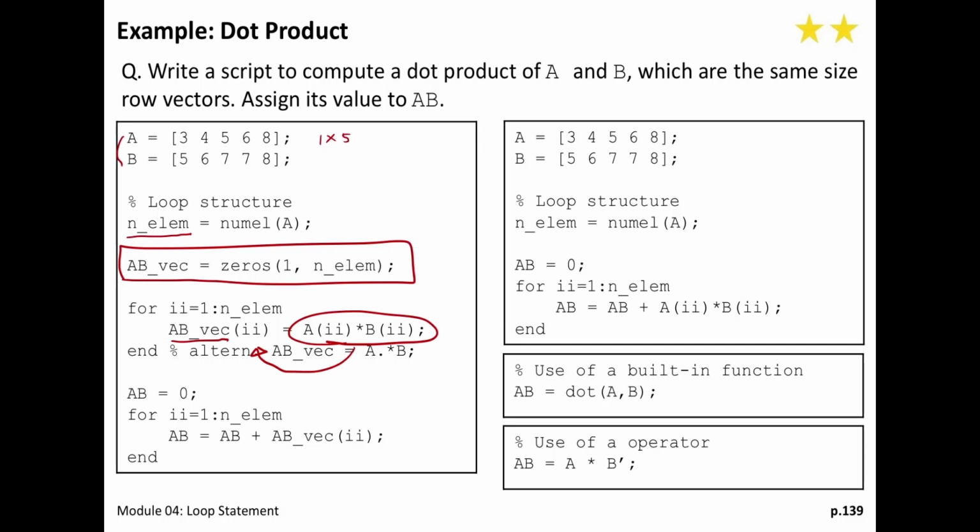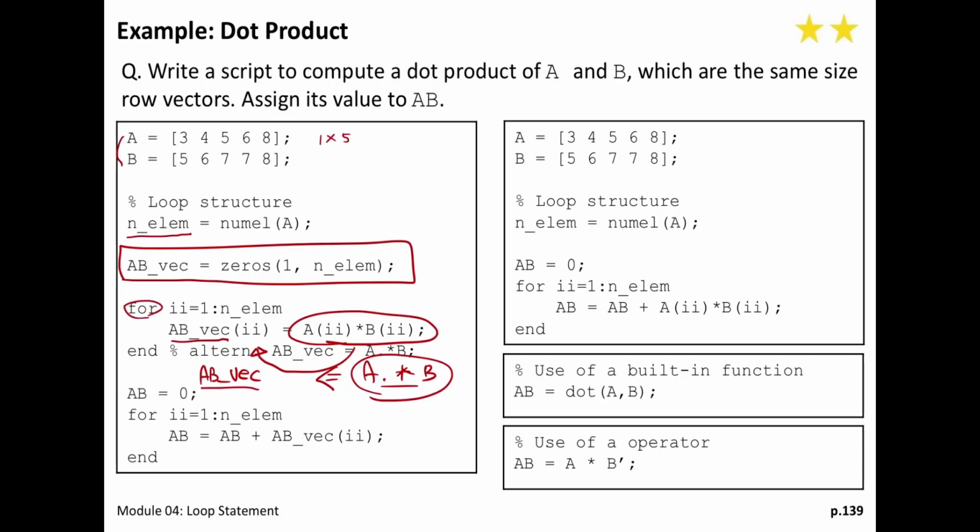each value at the same position of a and b, multiply them, and assign this value to ab_vec. We already learned about computing ab_vec: element-wise multiplication is a dot multiplication, right? This is the same, ab_vec can be computed using dot multiplication, but you can also compute this value using this loop statement.